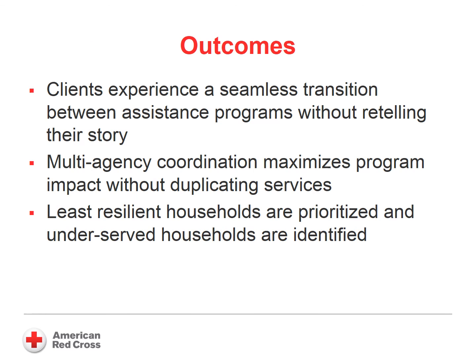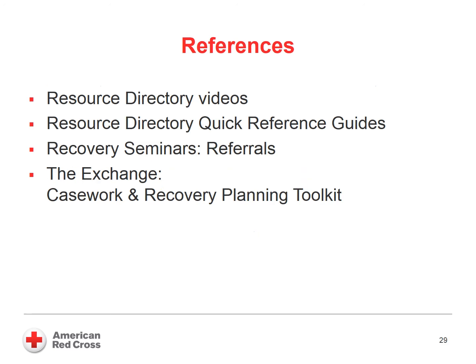The Coordinated Assistance Network provides disaster clients with a seamless transition between agencies and resources without reliving the disaster over again. Agencies coordinate services between each other and prioritize resources to the most vulnerable clients in the community without duplicating services. For more information on how to create, update, and manage your area's resource directory, visit the Training Resources tab in CAN.